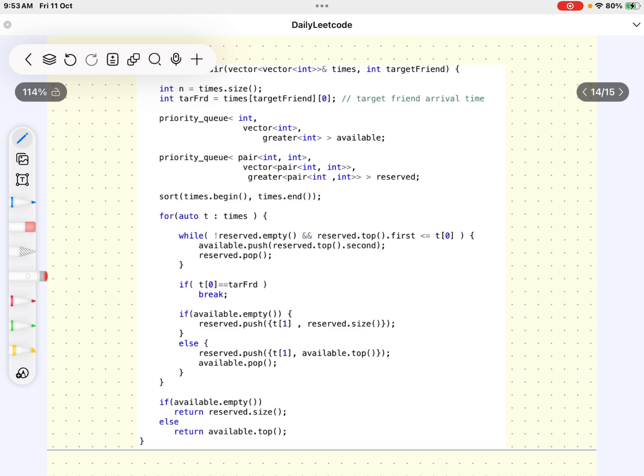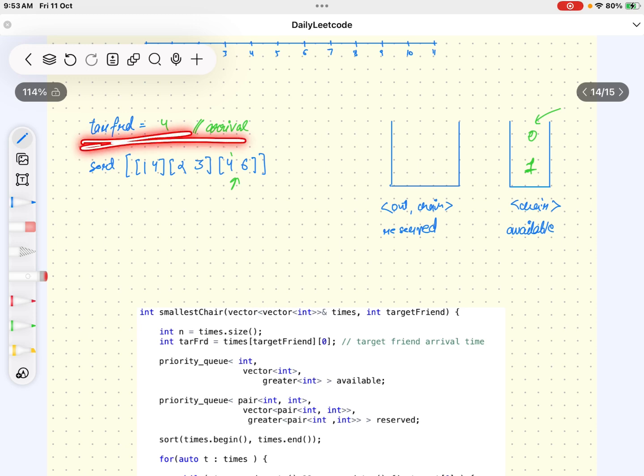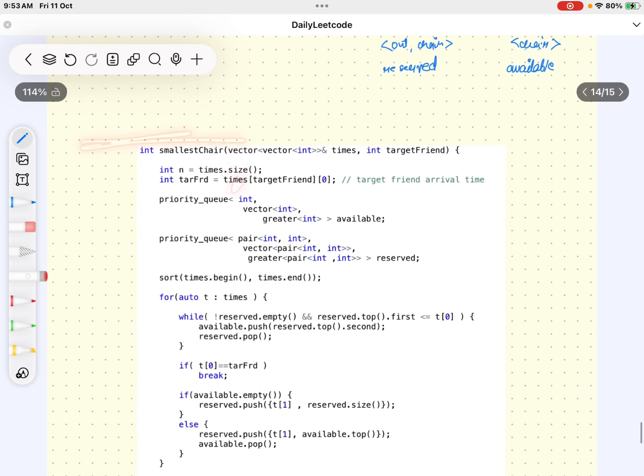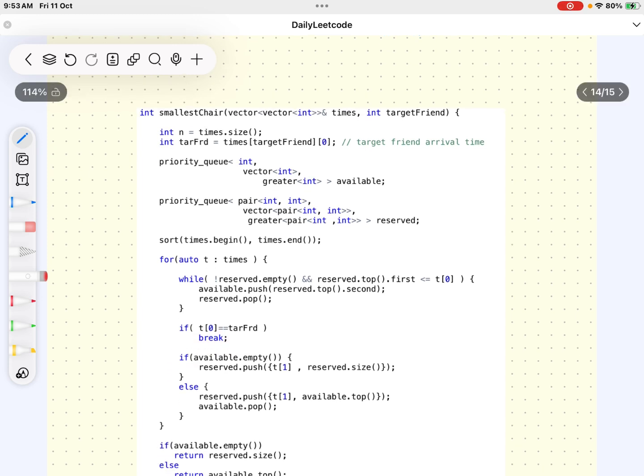And then we check if our arrival time is equal to our target friend, which means this condition is satisfied, so we are gonna break. If available is empty, which means that my friend has arrived and we don't have any seat for him, so we're gonna just reserve one more seat for him.